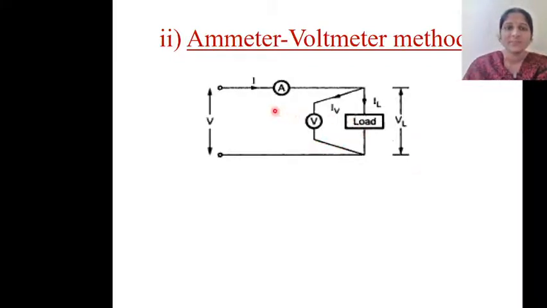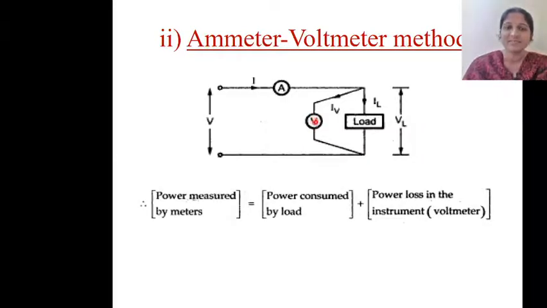So here the power measured by the meters is equal to the power consumed by the load plus the power loss in the voltmeter, here in this ammeter voltmeter method.